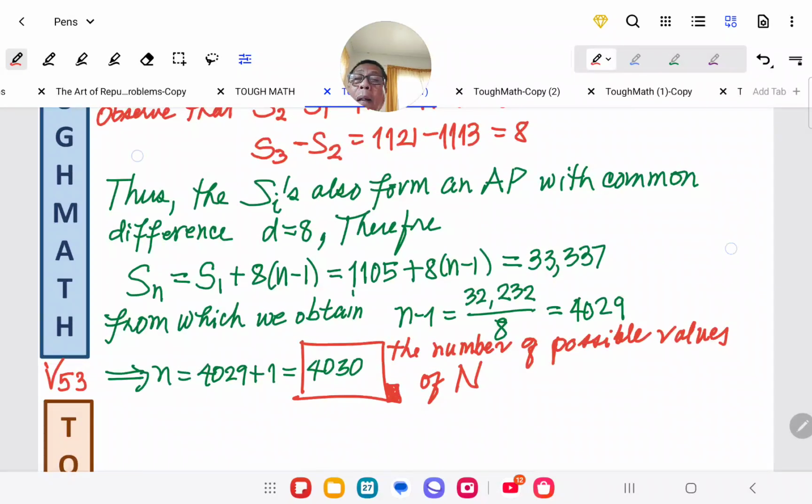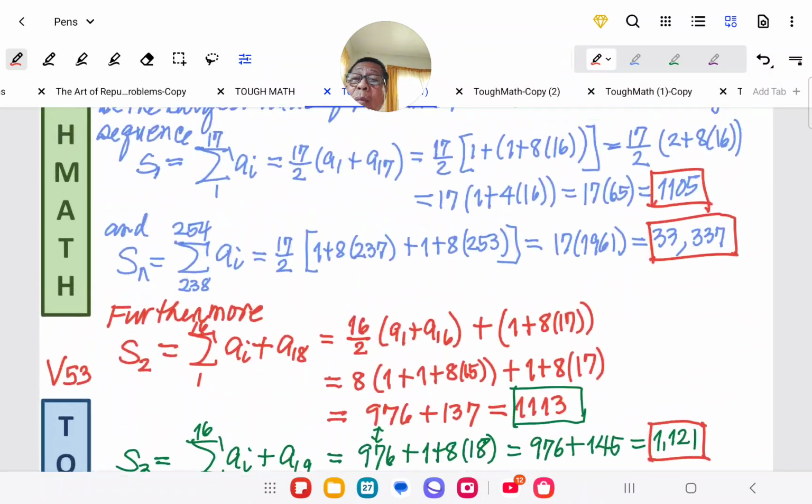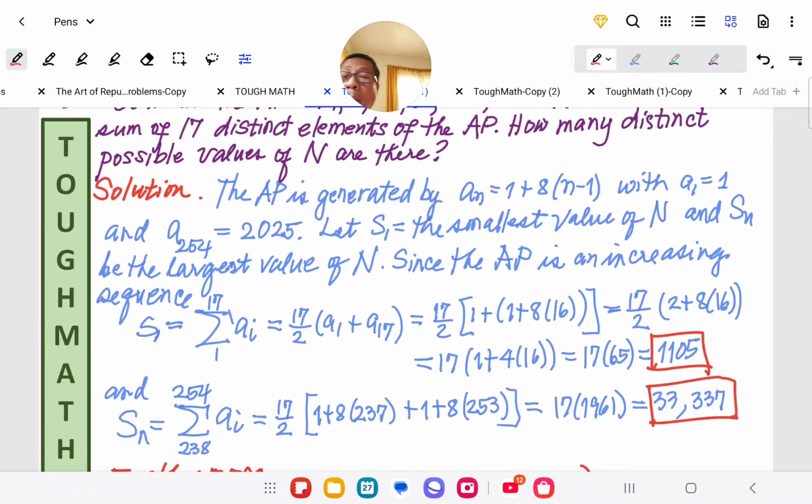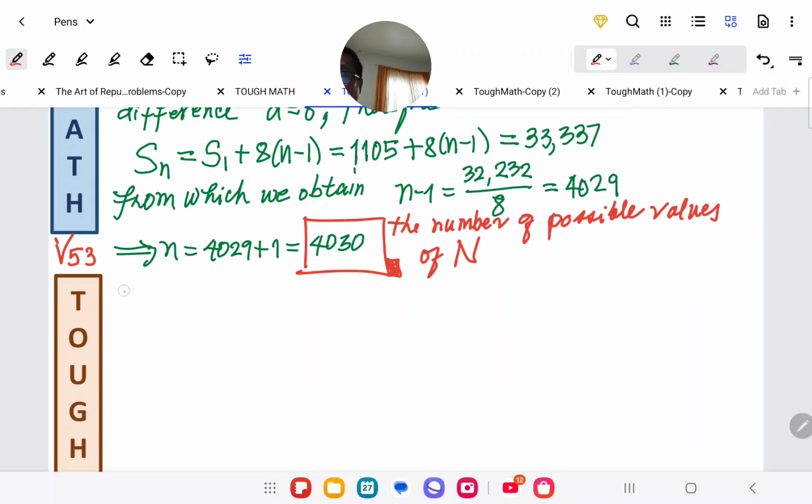Okay, there's another way of arriving at the same answer, and I would like to show it here. So the first one is solution 1, and then we have solution number 2.